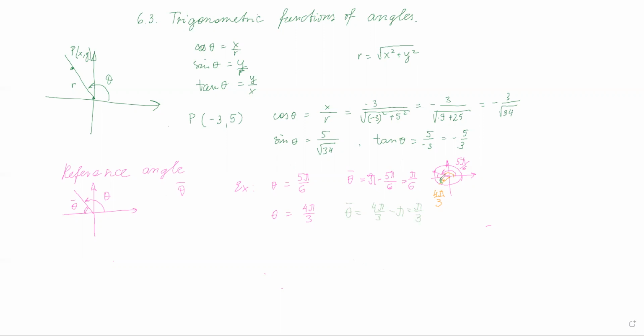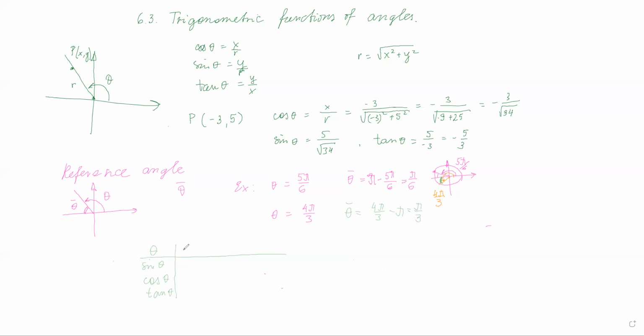Well, why do we need reference angles? They are very convenient if you remember the table. Let me write down the table one more time, the table describing basic angles of the first quadrant. So remember theta, sine of theta, cosine of theta, and tangent of theta, right?